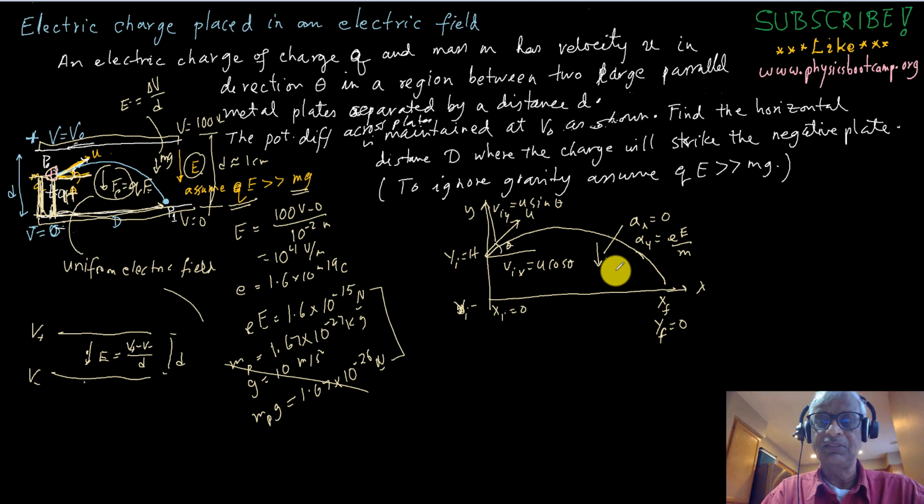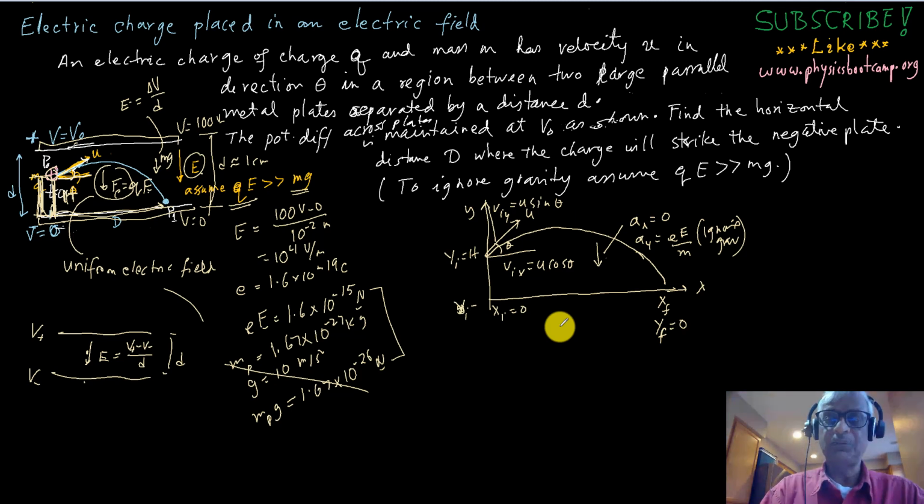That will be the acceleration by using F equals ma, ignoring gravity, right? So now we have all this. Let me clean this up and I will try to do the problem over in this area.